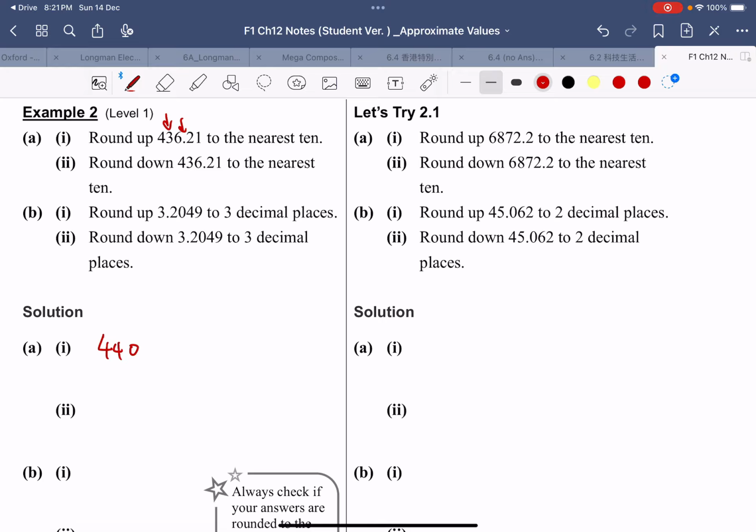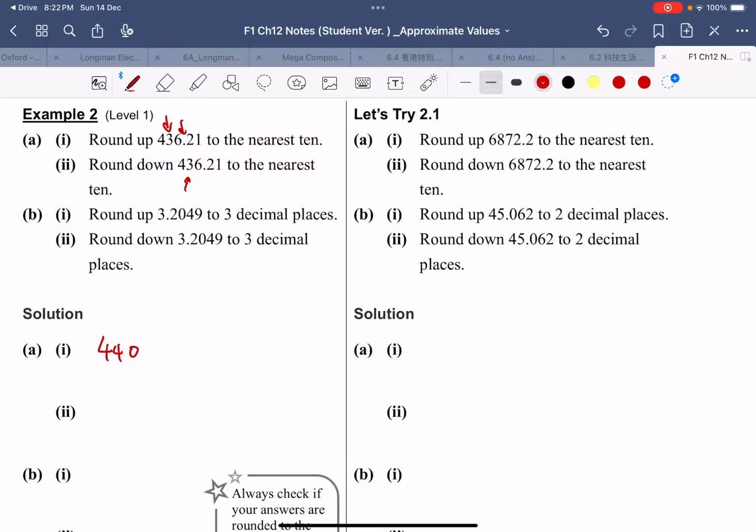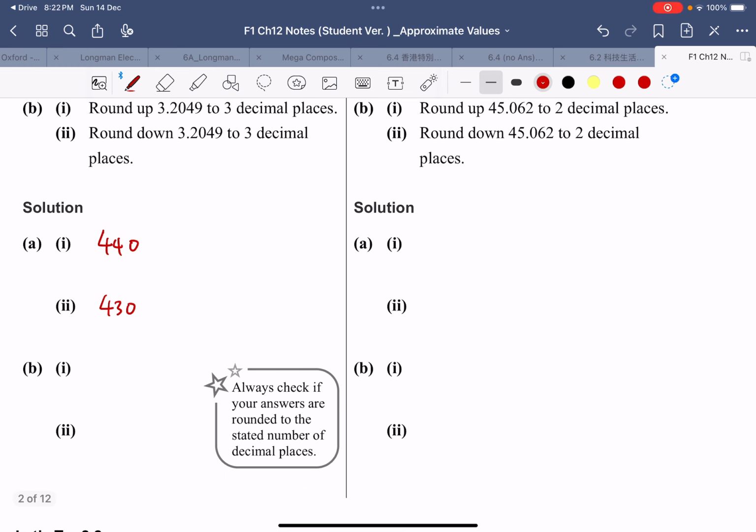After the decimal point, you can leave all the numbers. And then round down this to the nearest 10. Always go down and less than this value.